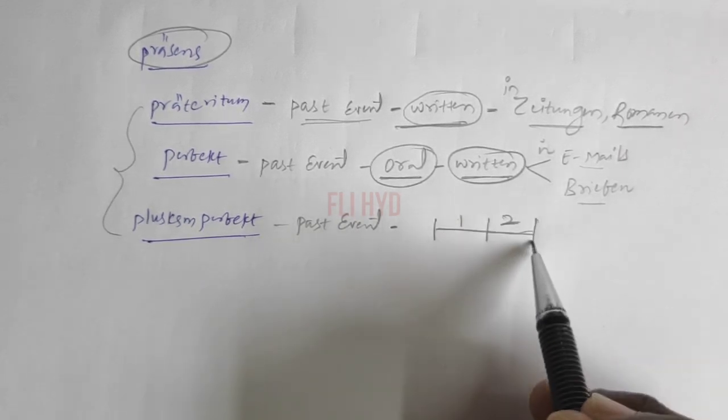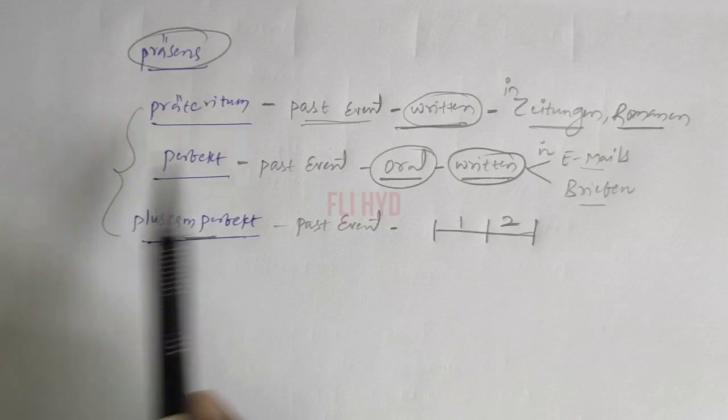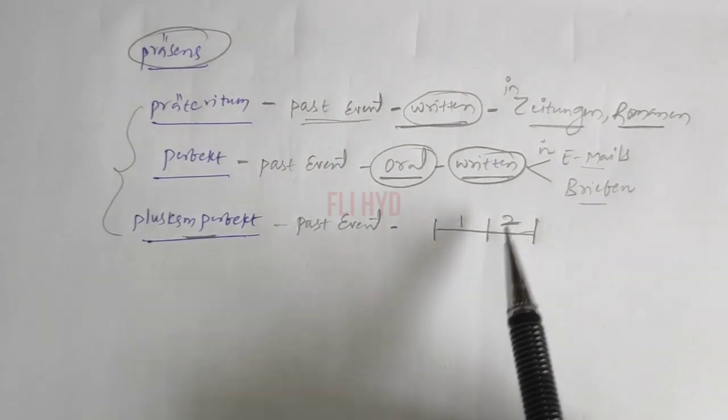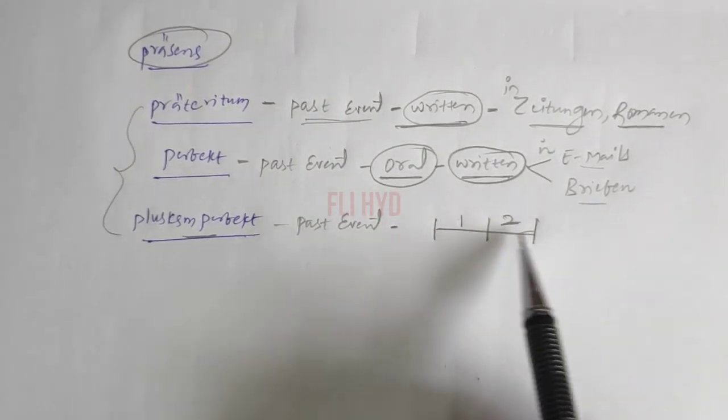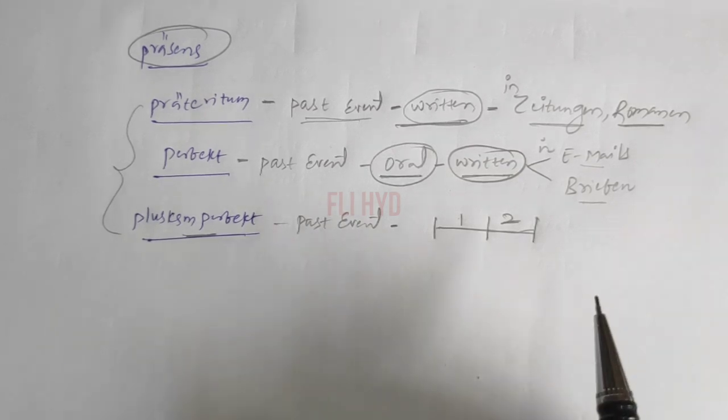In that case we use Plusquamperfekt. Clear? So in Präteritum and Perfect, mostly there will be one action in the past. But with Plusquamperfekt, there will be two actions in the past, one after another. In that case, we use Plusquamperfekt. Clear?